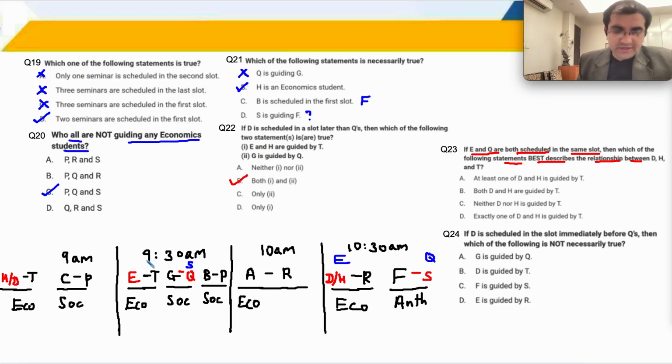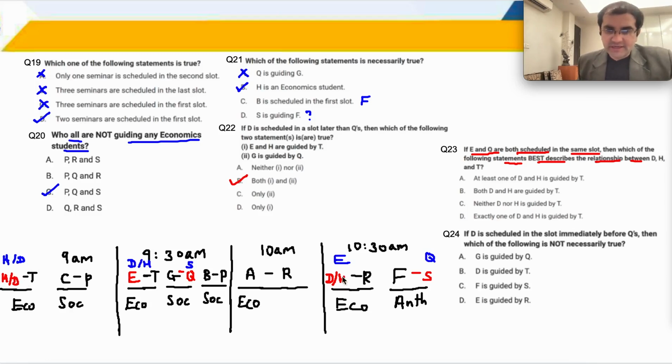For blue color आ जाएगा यहाँ पे again H oblique D and यहाँ पे D oblique H. Red color and blue color. At least one of D and H is guided by T. तो red color में देखो D and H में से कोई तो T से guided है.